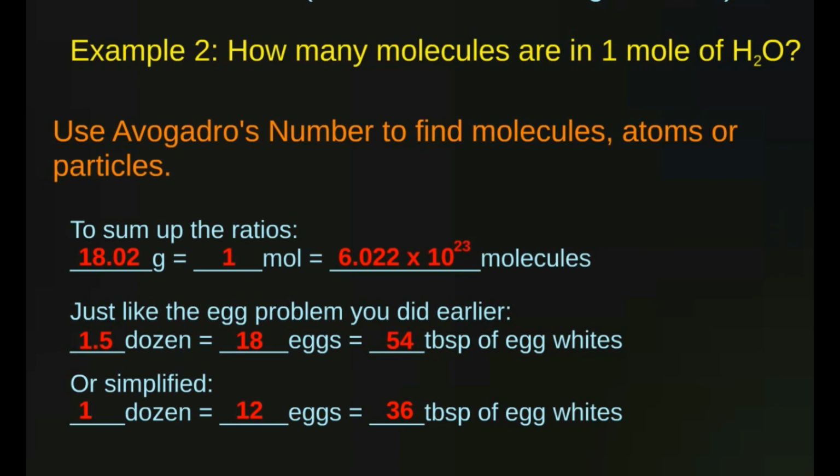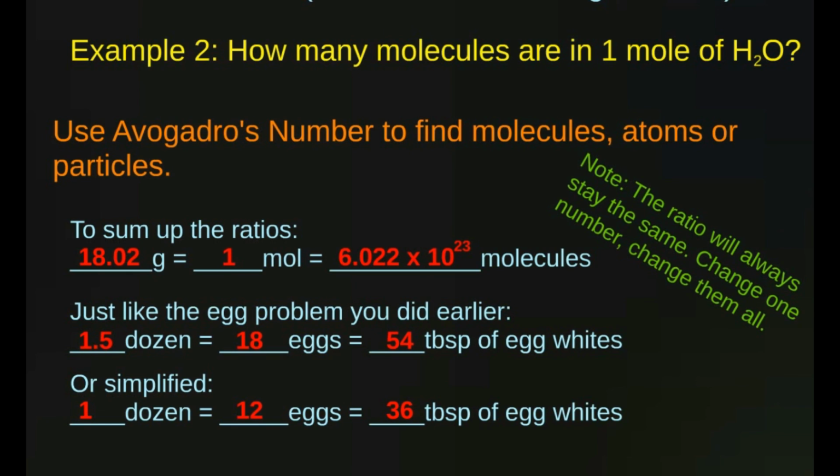So basically what we're doing is keeping the ratio set, but do realize that works for eggs, but if I had a dozen donuts, that's a different dozen. That's a baker's dozen, which is a little bit different. Note the ratio will always be the same. You could write down a ratio for every single element if you really wanted to, but that would be over 118 elements, and then the many compounds that we actually have, and that would just be pointless.